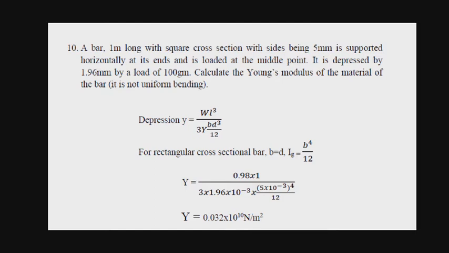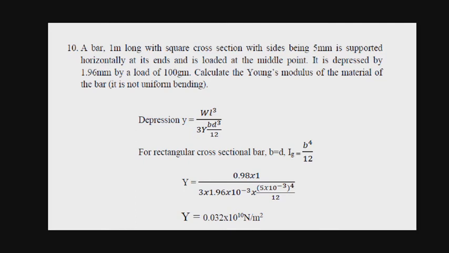So depression formula is small y is equal to WL cube divided by 3Y into BD cube divided by 12. So condition is for rectangular cross sectional bar, that is B is equal to D. So I_G is equal to B to the power 4 divided by 12. Substitute in formula.